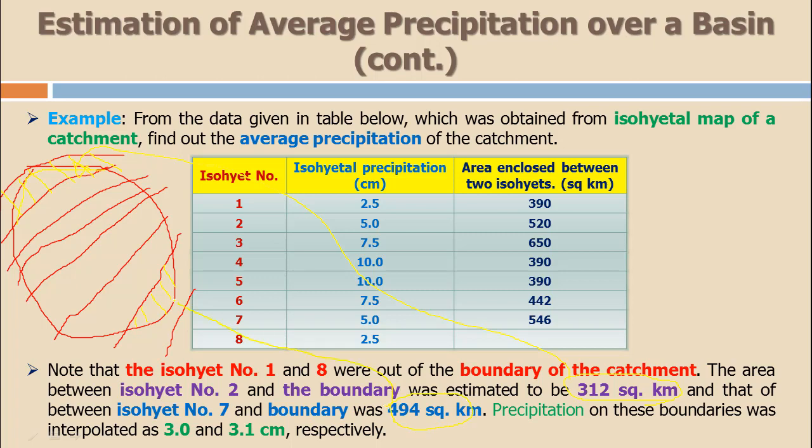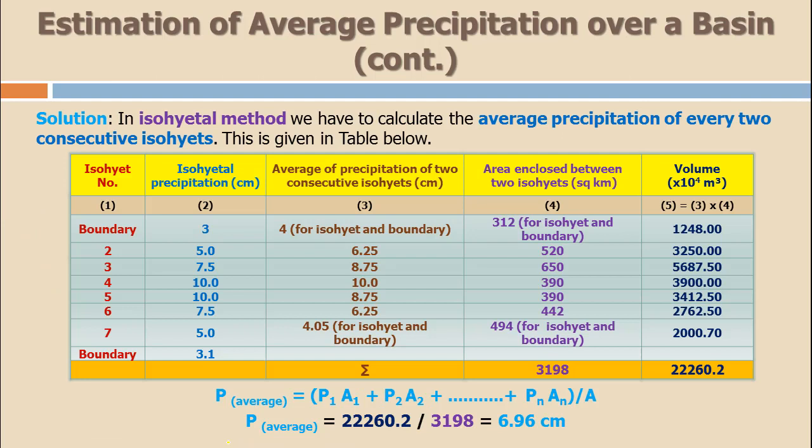This is actually this area. Precipitation on these boundaries was 3 and 3.1 centimeter. Precipitation at the starting boundary was 3, and at this it is 3.1. So now let's move to the solution.